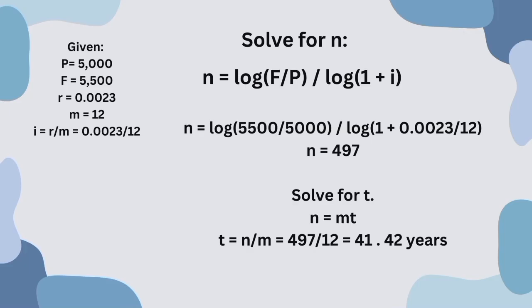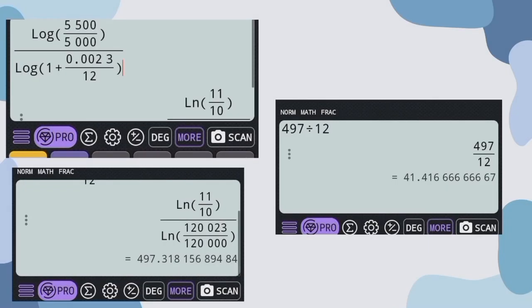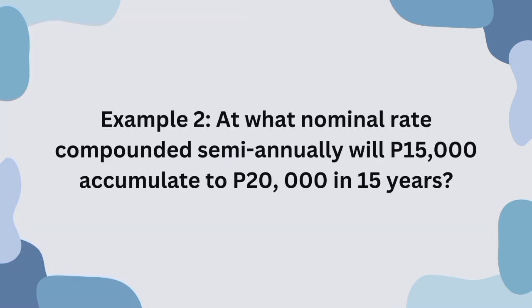So, ang formula sa t is equal to n over m. So, i-distribute na nato. Himo siyang 497 divided by 12 or 497 over 12 is equal to 41.42 years or time.